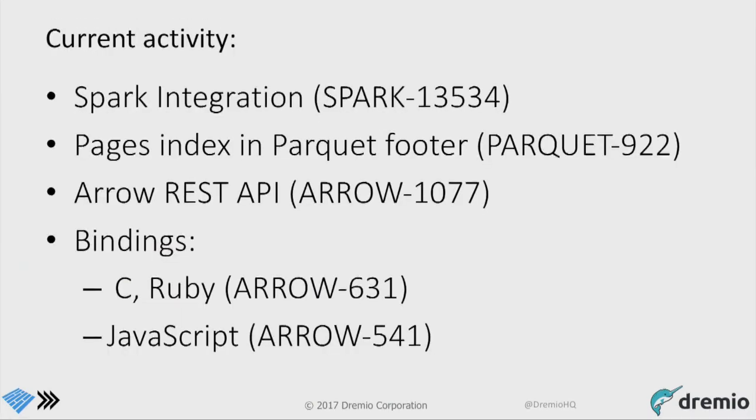Current activity, if you're interested: you can follow the Spark integration as an ongoing activity, and there are going to be multiple follow-up steps to integrate it deeper and deeper. There are a lot of discussions currently happening to add the pages index in the Parquet footer, so those pushdowns become even more efficient. We want to be able to skip reading the pages altogether.